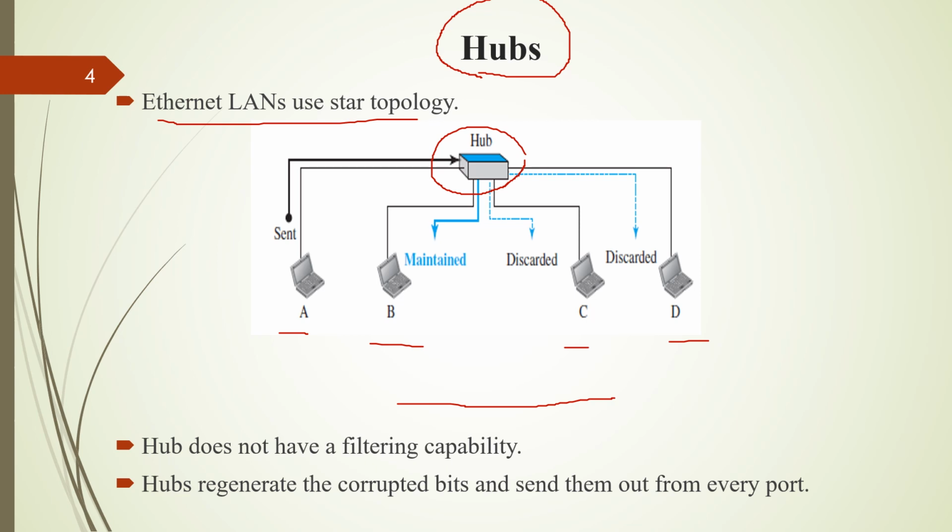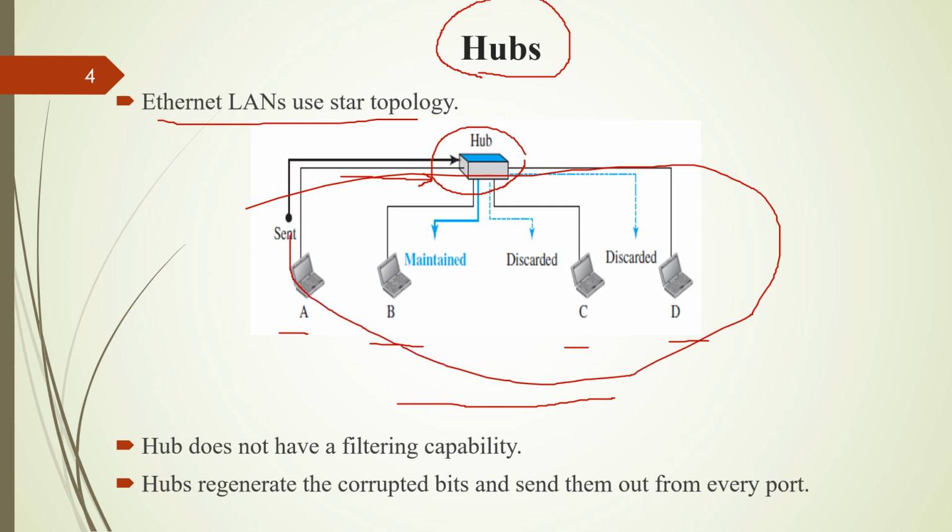Now if station A sends data to station B, then station A will send data to the hub. The transmission type in a hub is broadcast. That means the hub will send the data sent by A to all the 4 stations.